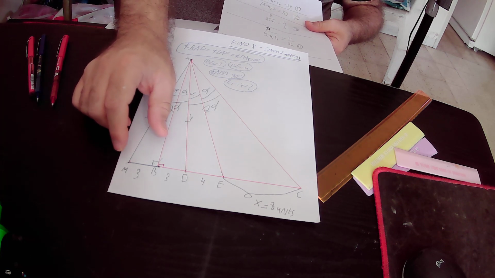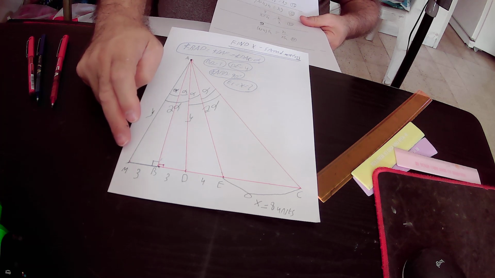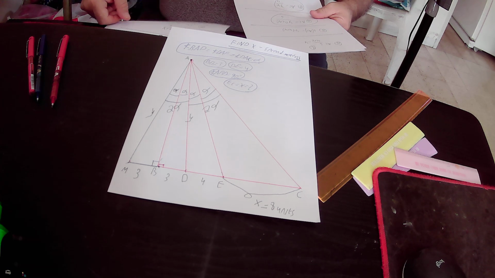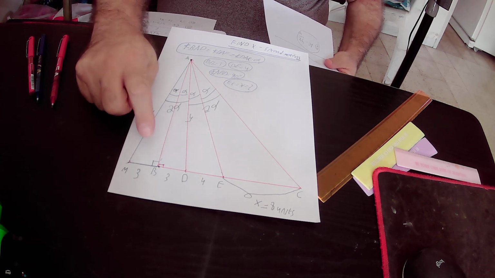MB will be equal to 3 units, and then we connected points M and A by a straight line, and then we found this angle.